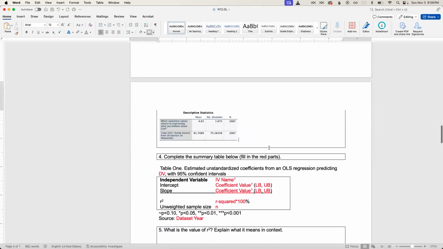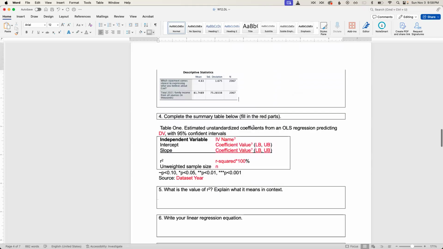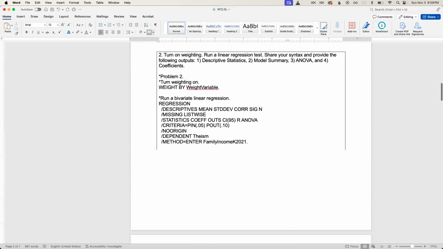Okay, so now we're going to take this output and translate it into a summary table that's easier to see and understand the information, and that's something more like what you would present. So we're predicting theism, and our independent variable was family income in thousands. I don't remember if it's 2021.